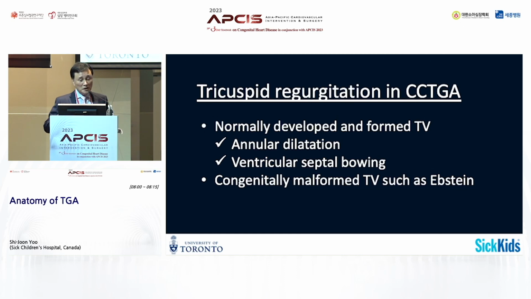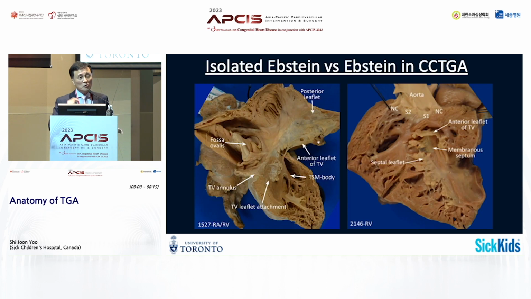So tricuspid valve regurgitation in CCTGA is not necessarily primarily a tricuspid valve issue, not infrequently. Even if the valve is normally developed, because of annular dilatation and ventricular septal bowing, the tricuspid valve can leak, not necessarily due to dysplasia. Ebstein's malformation, yes, of course, is frequent, but Ebstein's malformation is also different.